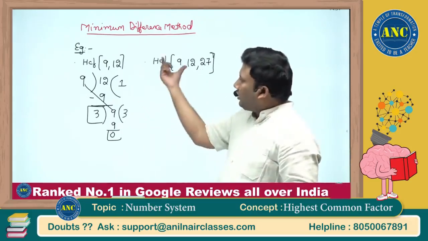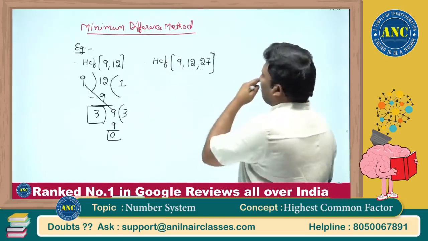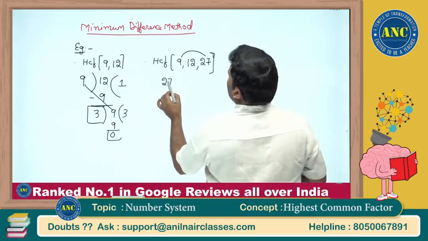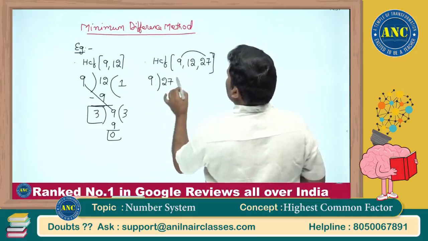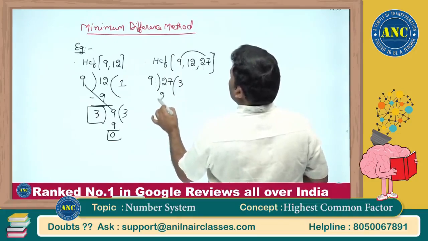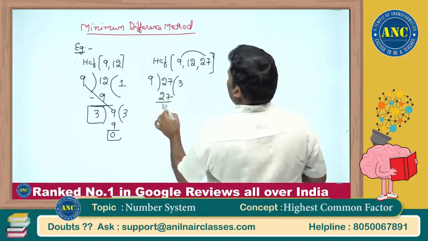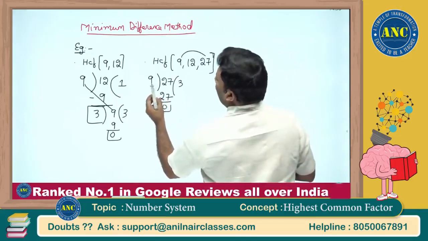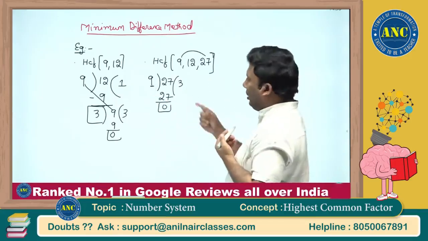Now see, here 3 numbers are there. What you do is take the first with the last. The largest number is 27. I am dividing by the smallest number. 9 3s are 27. Remainder 0. Wherever the remainder is 0, that is the HCF.